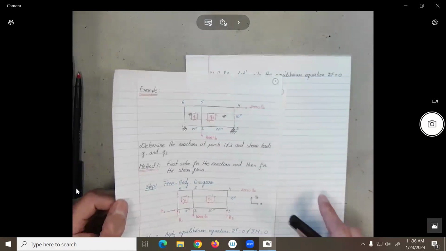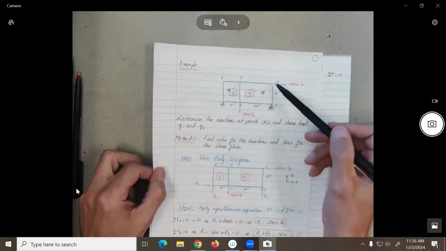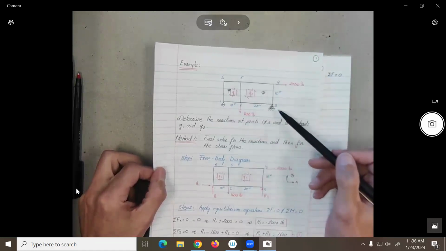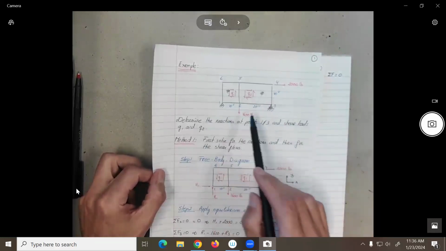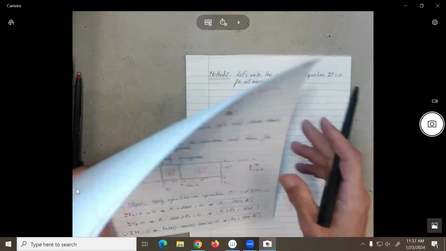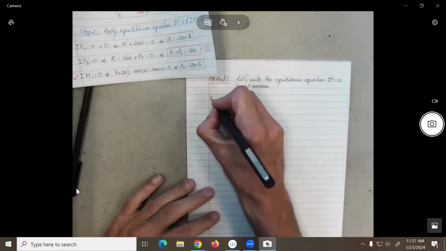So what should be the members? Should be member 165234, no, for the vertical members, and for the horizontal 654, 123, no? Okay, so if you want, let's do first the vertical members.